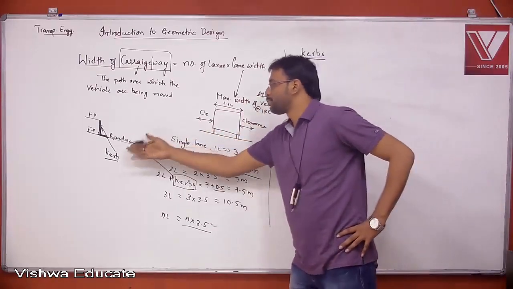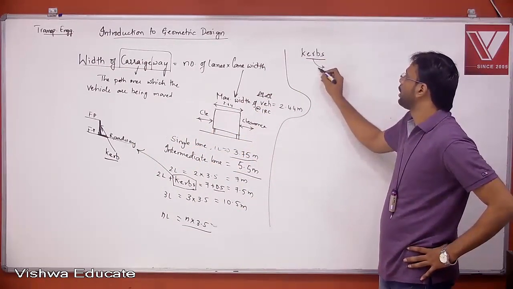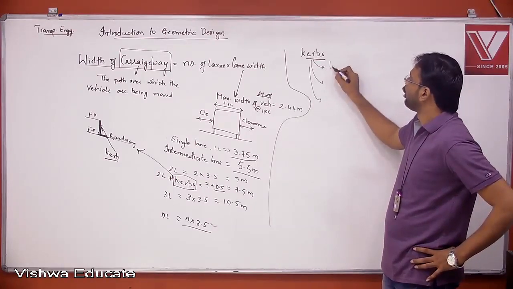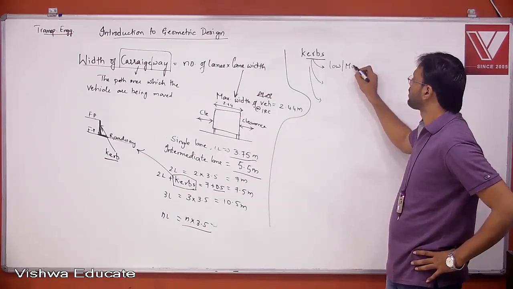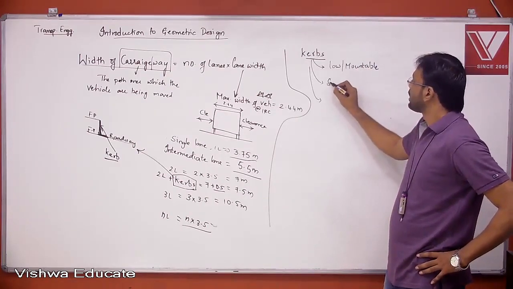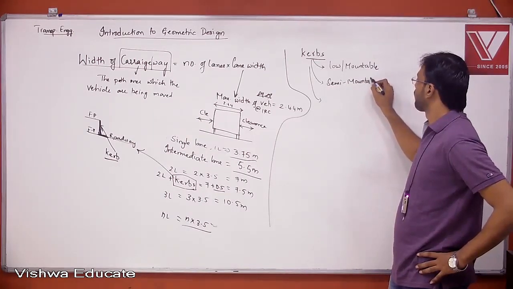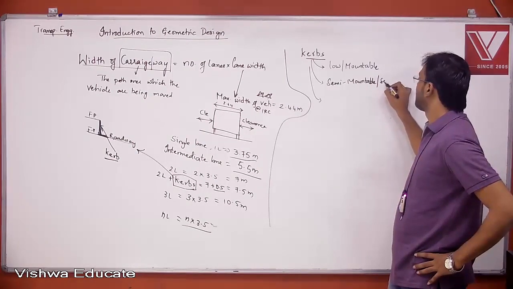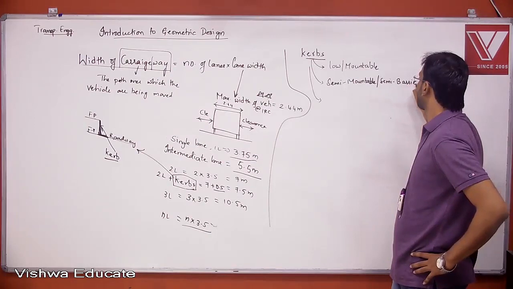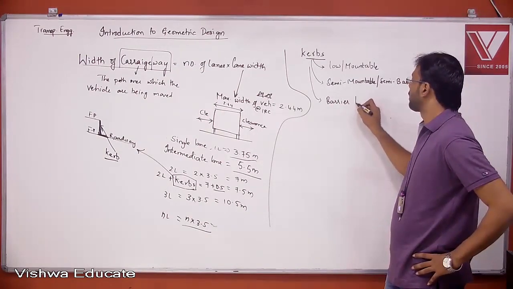We have already seen what a curb is, but there are different types of curbs: low or mountable curbs, semi-mountable or semi-barrier type of curbs, and the last one is barrier type of curbs.